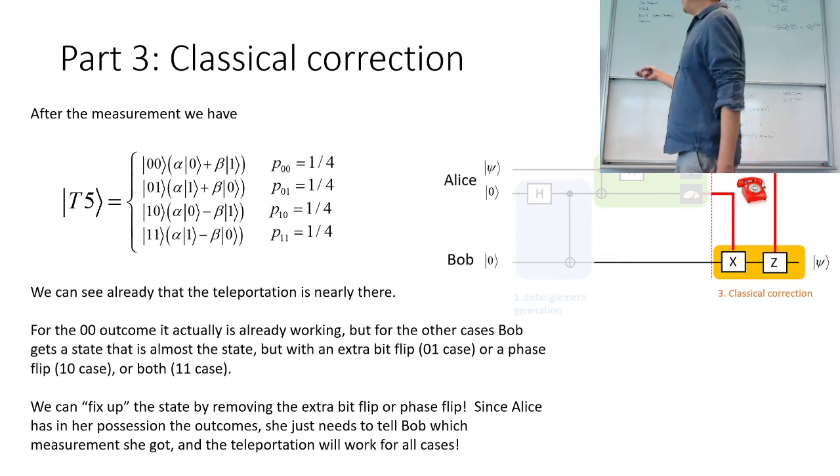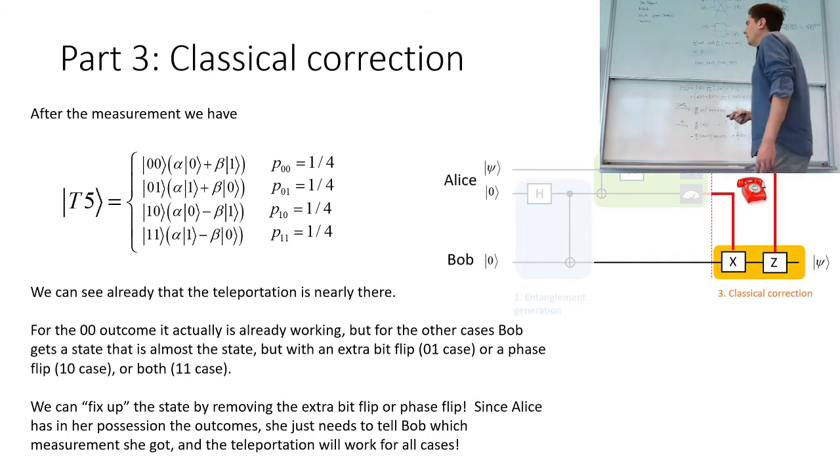So we can fix up the state by removing this extra bit flip. This one, we noticed was a bit flip because the 0 and 1 were interchanged. Here, it has an extra minus sign, so I call that a phase flip.